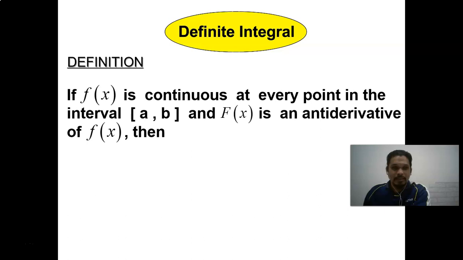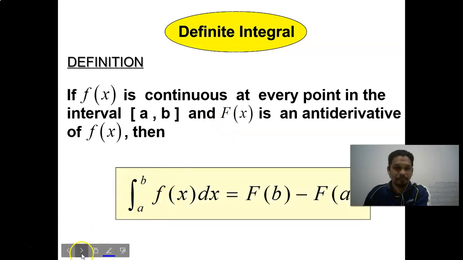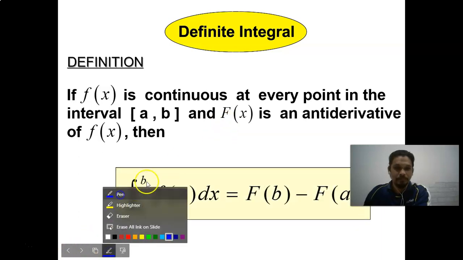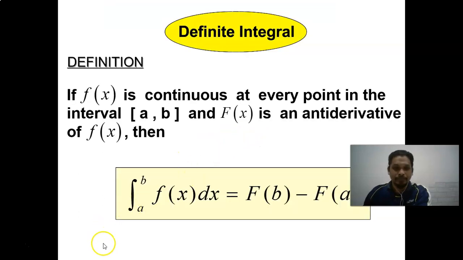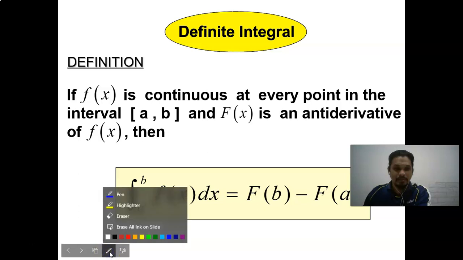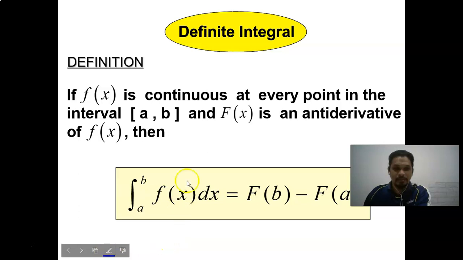Okay, let's take a look at the definitions here, where f(x) is continuous at every point in the interval of a and b, and capital F is an antiderivative of f(x).